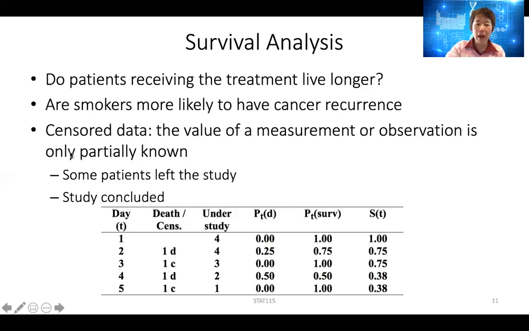Anytime you deal with real patients in survival analysis, there's a very realistic thing called censored data. The value of the measurement or observation could be only partially known. For example, some patient has left the study, or the study has concluded and the patient hasn't died, but that doesn't mean he will not die after the study finished.